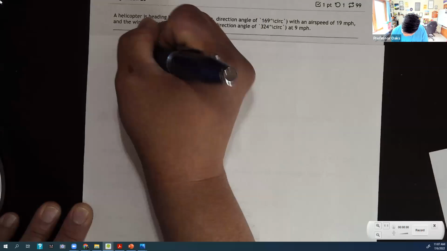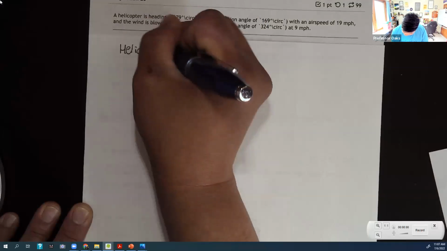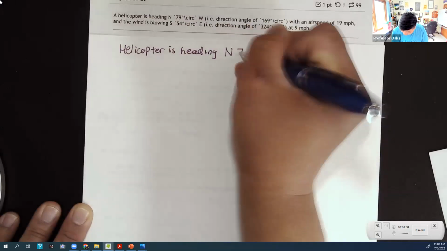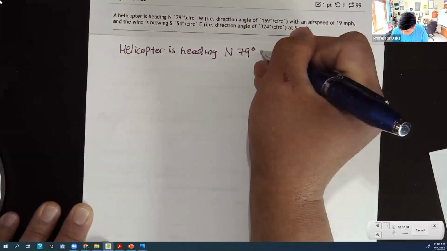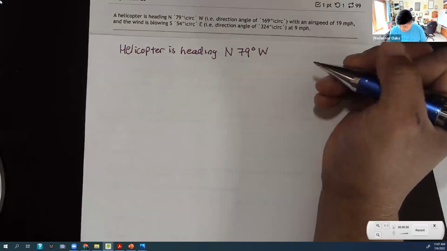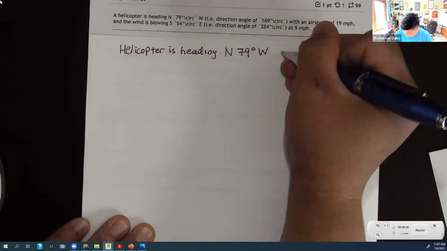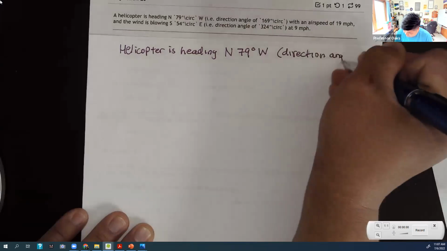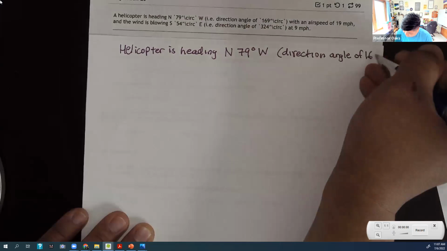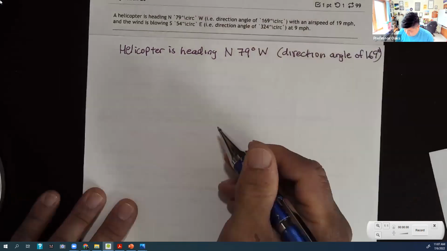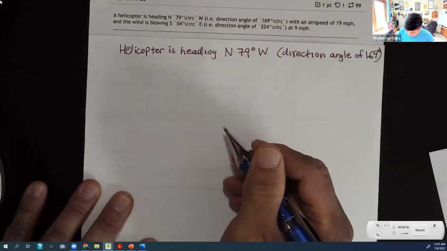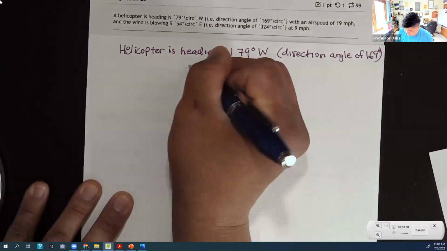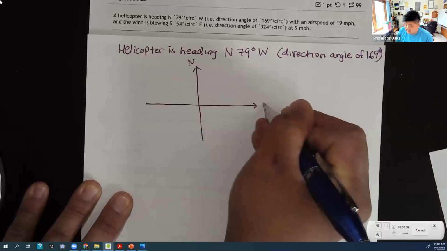It says a helicopter is heading north 79 degrees west. So that means a direction angle of 169 degrees.